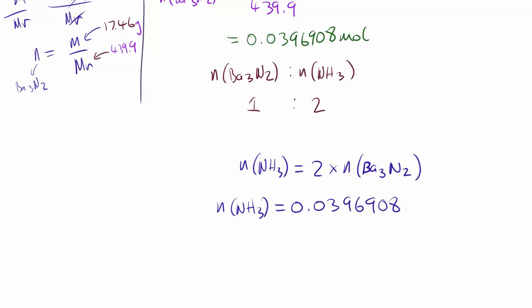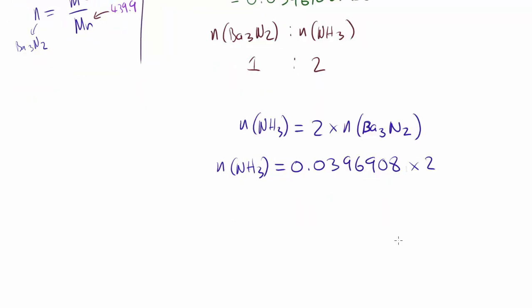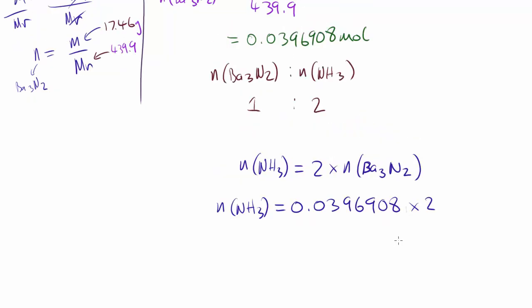We need to do the actual rest of it. Multiplied by 2. Yep. Okay. So have a go at that and see what you get. But you should find that you get 0.0793817 as the moles for NH3, right?